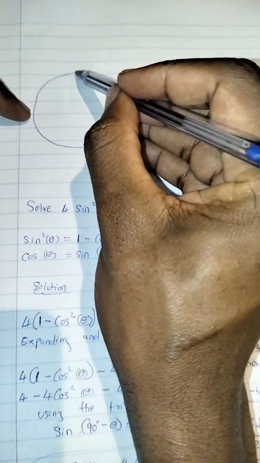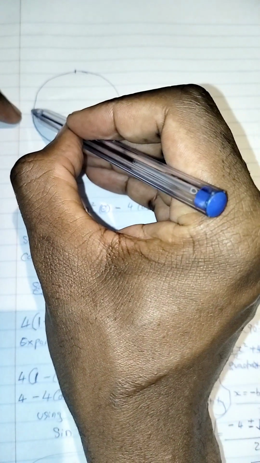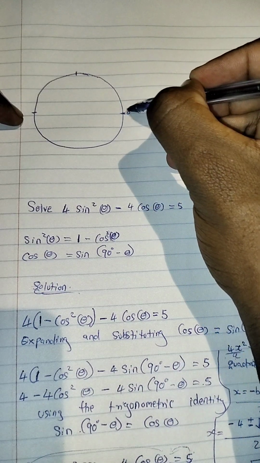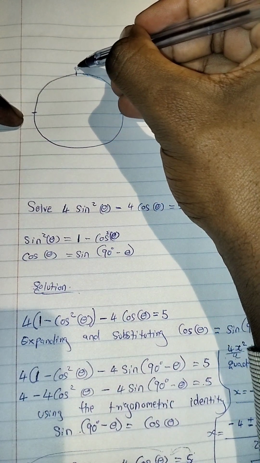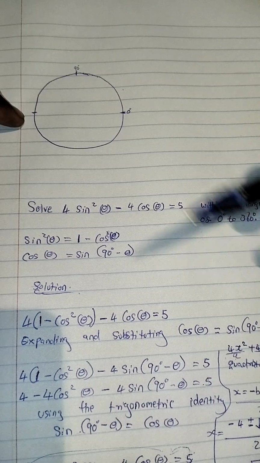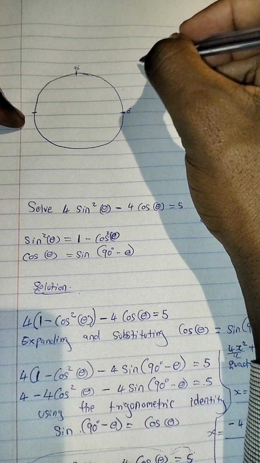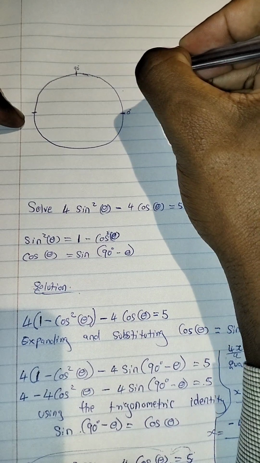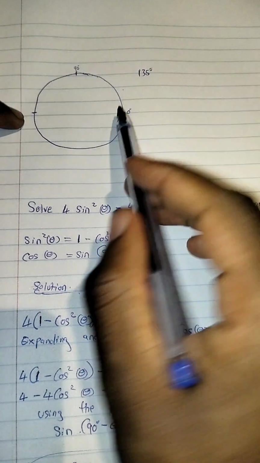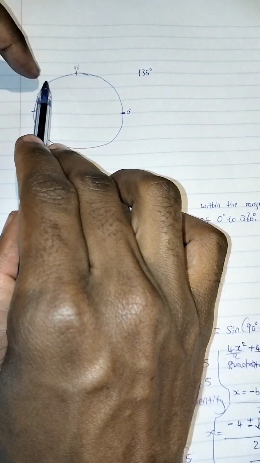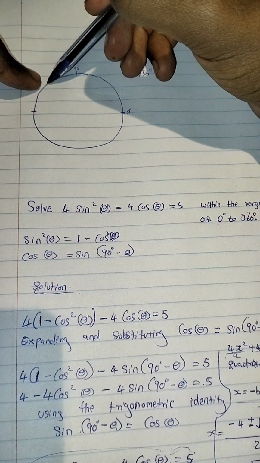This is going to be my positions, and it's going to come from the 0 degrees all the way to the 90 degrees. If you punch it in your calculator, you will realize that it gives you 135 degrees. So if I take from 0 to 90, and from 90, it gives me about my 135 somewhere here.